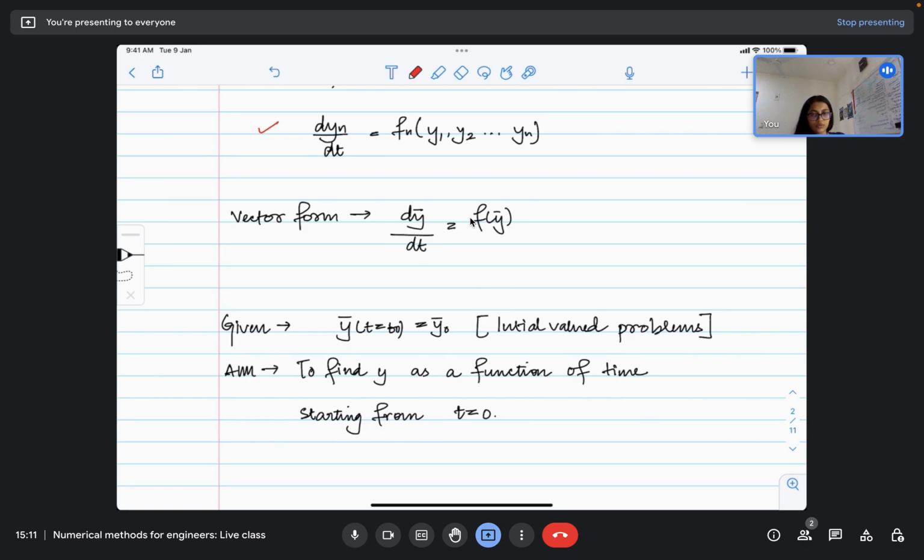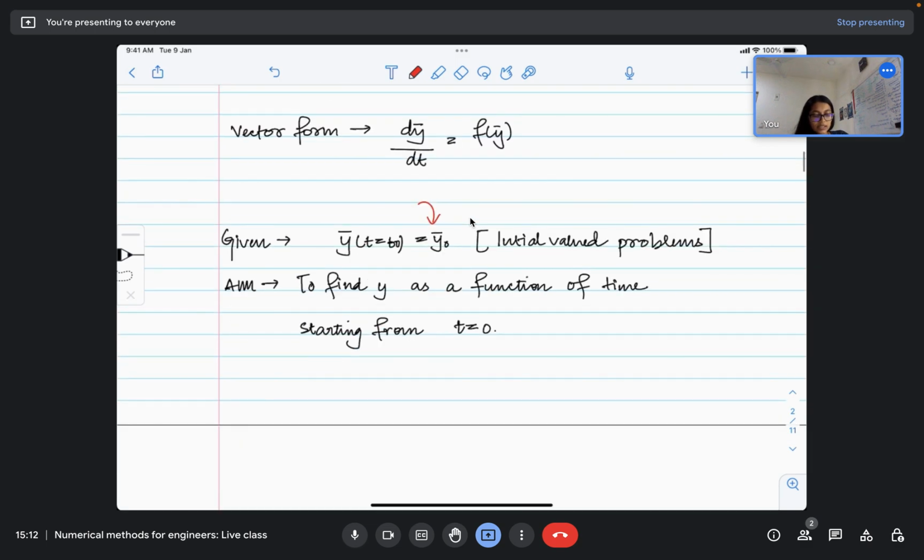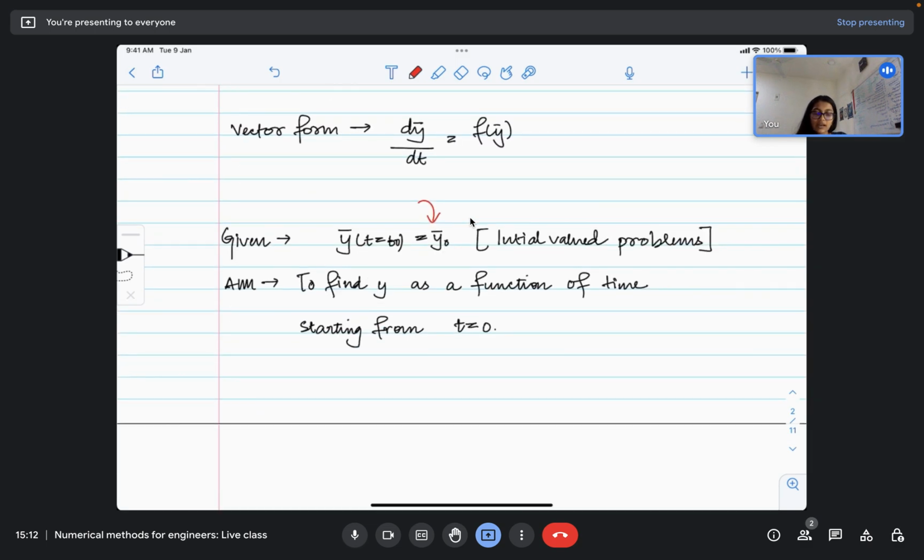So all the values of y at t equal to t naught are y naught, of all those y's, y1, y2, y3, and so on. Because we are given the values of y at t equal to t naught, these problems are called initial valued problems. We are given the initial value of the dependent variables.